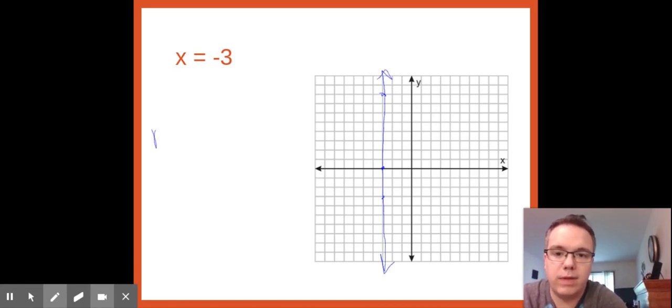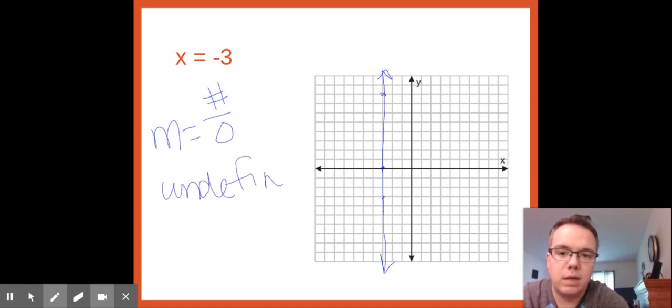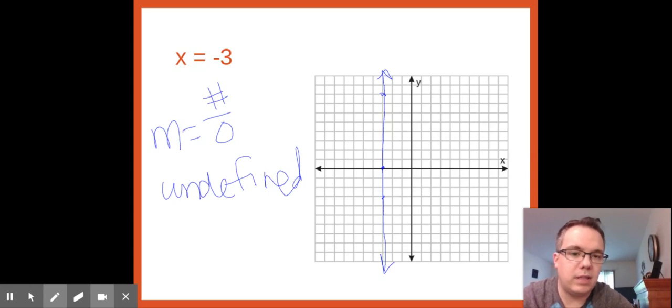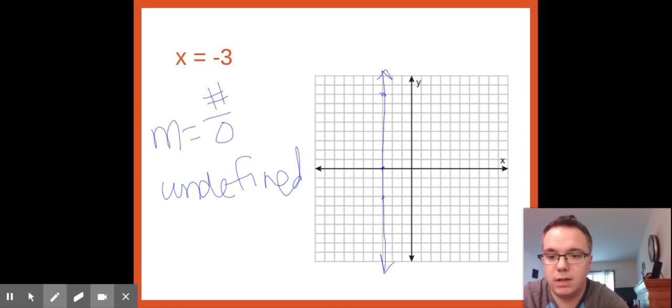And so here, if we found our slope, when we subtracted points, we get a number on top for y, and we get 0 on the bottom, which means our slope is undefined. So if we have an undefined slope, that's still a line. Remember, it's not a function, but it's still a line, and it's a vertical line. And so all our x's are the same. So every single point on this line starts with a negative 3. All right, so that's vertical.